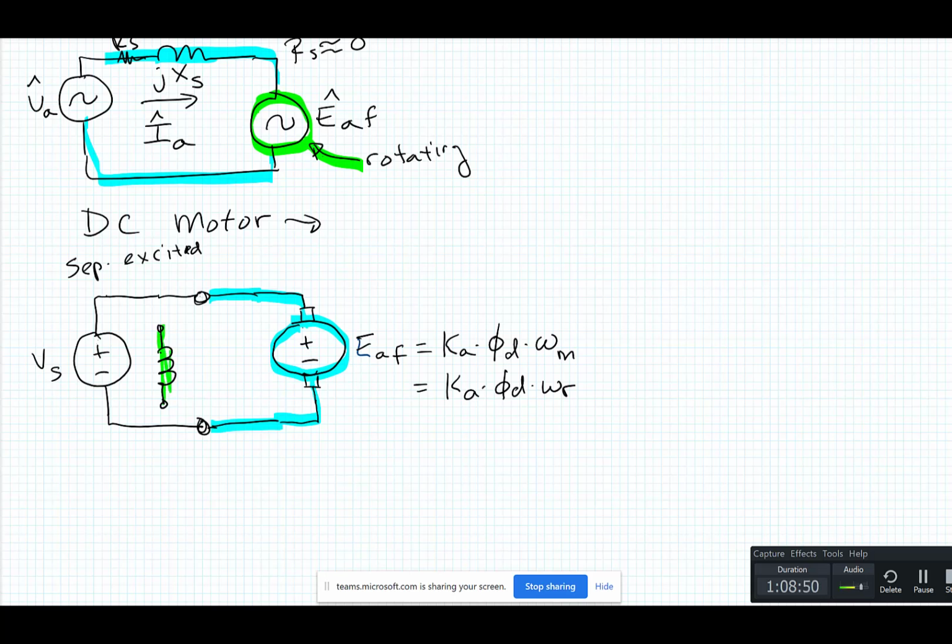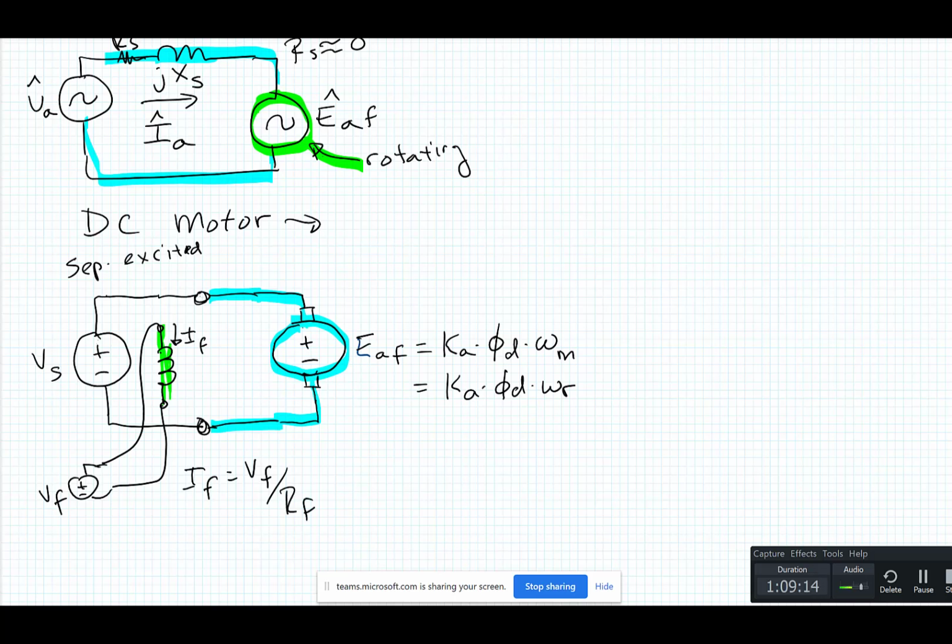So there's your field winding right there. You have IF flowing through it, and it'd be supplied by a supply VF, and IF would be equal to VF divided by RF.